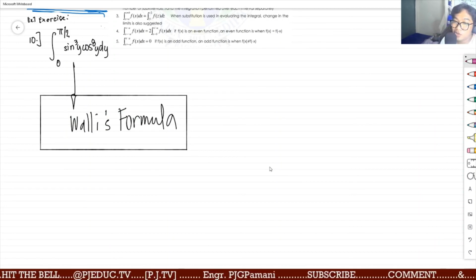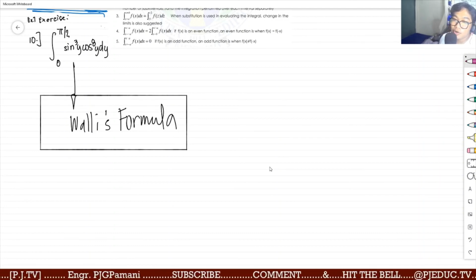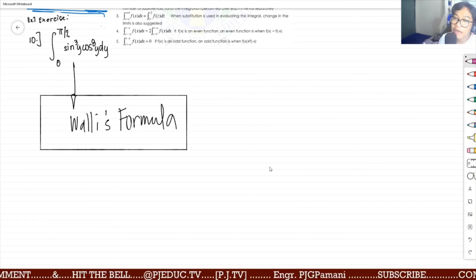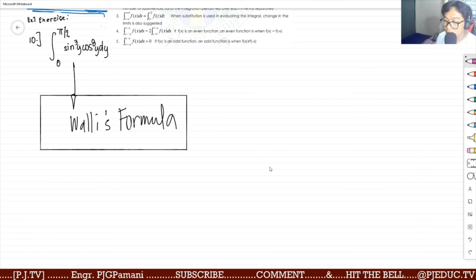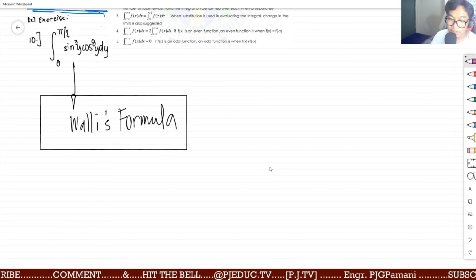Wallis formula is only applicable for problems that involve trigonometric functions or product of trigonometric functions like sine times cosine, or sine alone, or cosine alone. Either they are having odd or even exponent. Pero may changes yon when they are having an even or odd exponent. And applying again the series of integral formulas with Wallis formula.